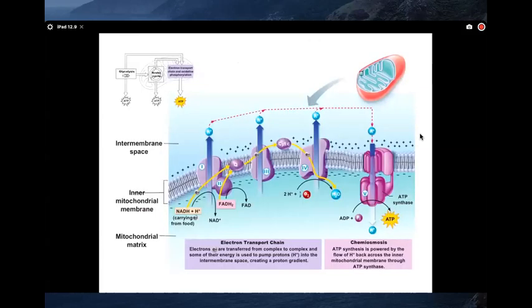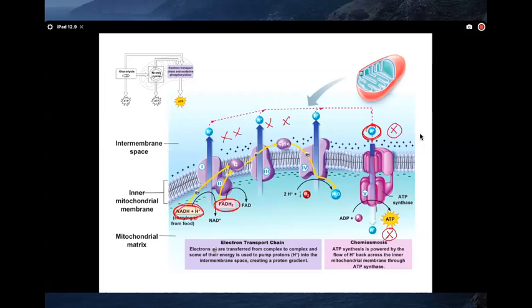As we mentioned here, you start by having the hydrogen carriers. You're going to be splitting the proton away, allowing the protons to accumulate between the 2 membranes of the mitochondria, creating a very high potential energy. And in order for me to use this potential energy, I will allow the protons to travel from the intermembrane space to the inside of the inner membrane, to the matrix of the mitochondria.